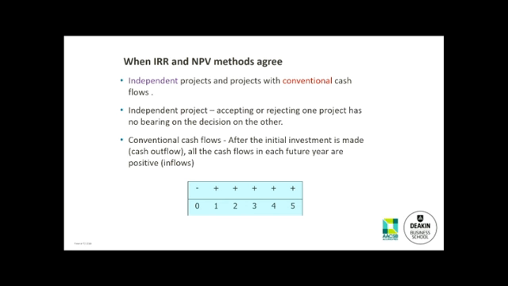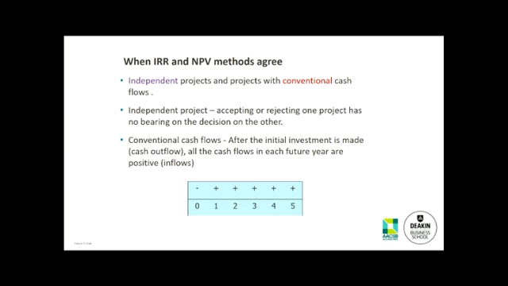Some students may be wondering, hey, Robert, what are conventional cash flows? It is really hard to define, but conventional cash flows are more like normal cash flows. What are normal cash flows? Normal cash flows are where after the initial investment, all cash flows in each future year are positive. That is called conventional cash flows. So based on your estimation, after your initial investment, in future, every year you will have positive cash flow. That is conventional cash flow.